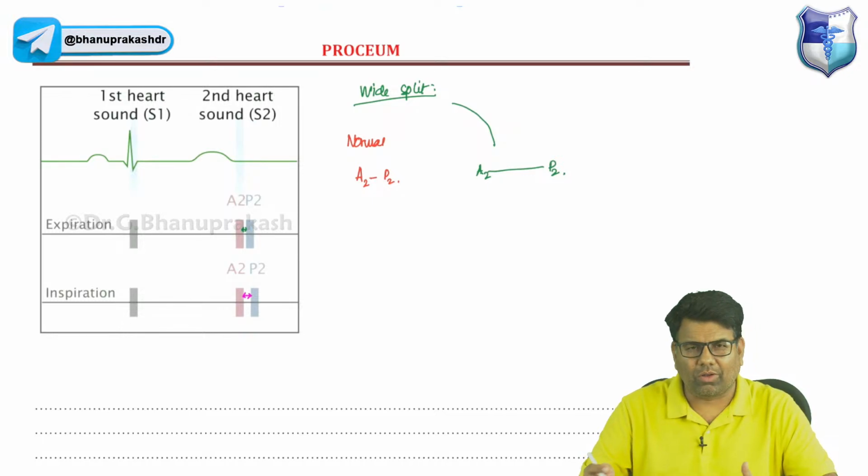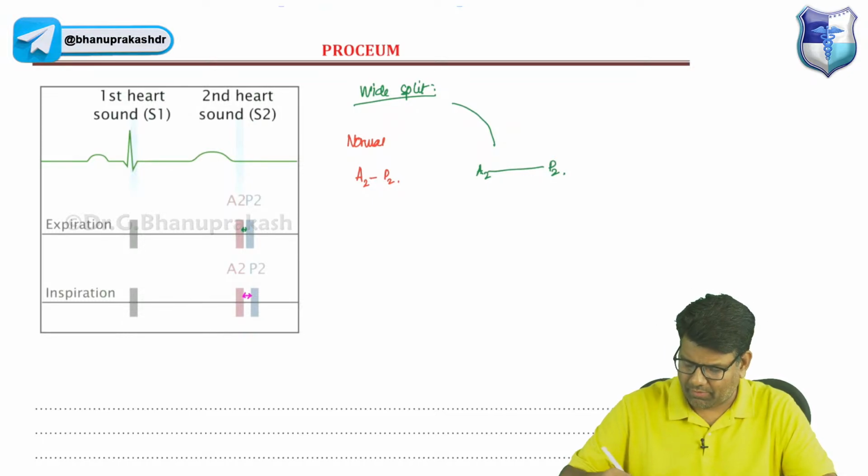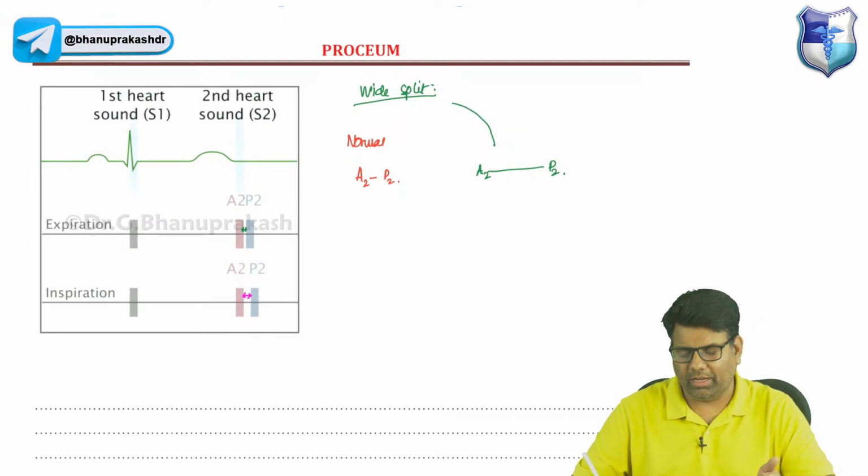Now, what can be the cause of wide split? By simply using the word wide split, it means either there is early closure of aortic or there can be delayed closure of P2.